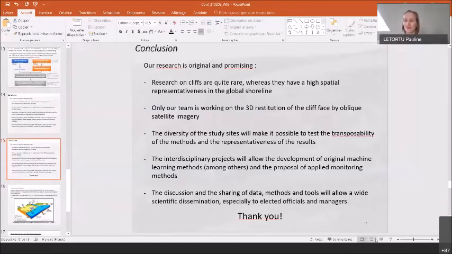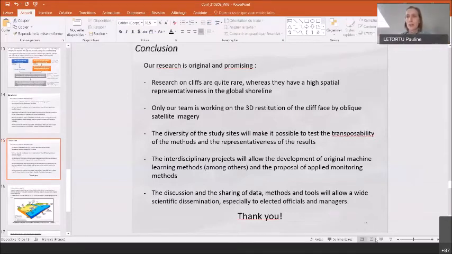Yes, absolutely. And do you think that you will use the 3D data of oblique satellite images to test this procedure?